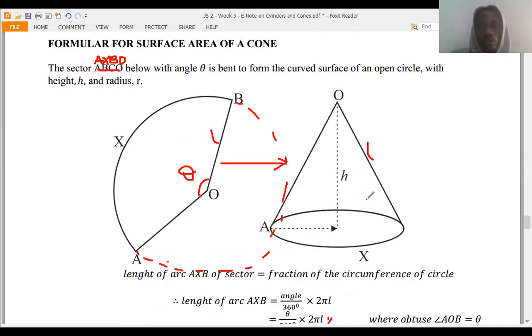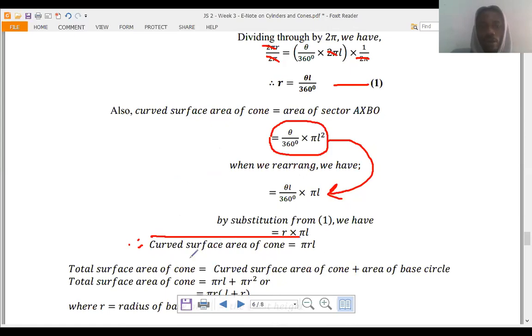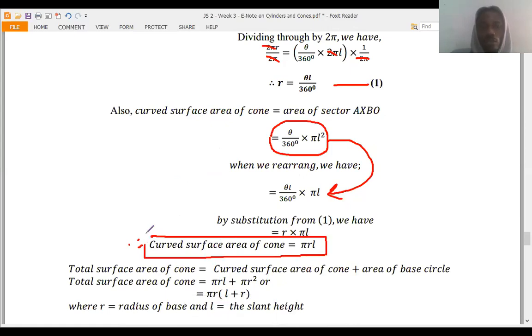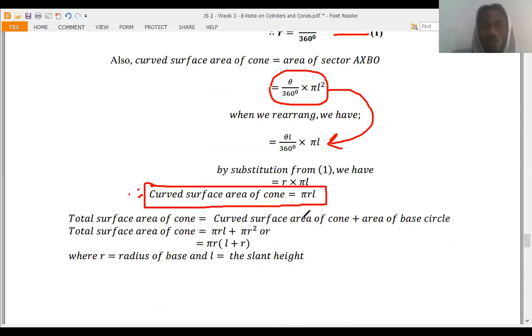So everything we've been through is just to derive this formula. The curved surface area of a cone is equal to pi R L. Please don't forget it. It's very important. Also, the total surface area of a cone is equal to the curved surface area of the cone plus the area of the base circle.